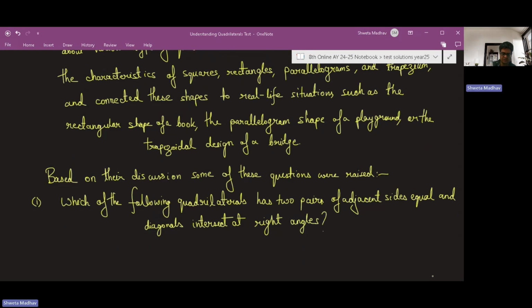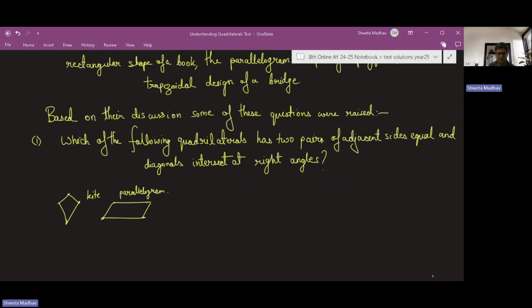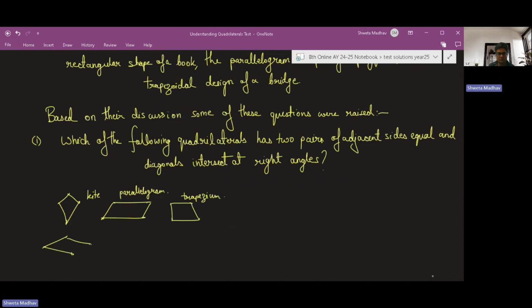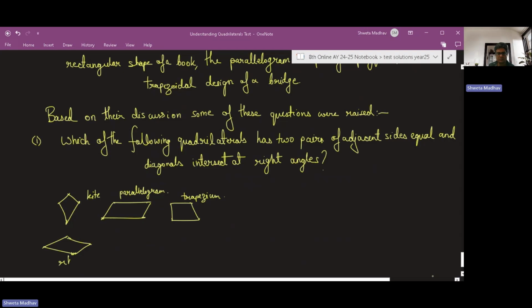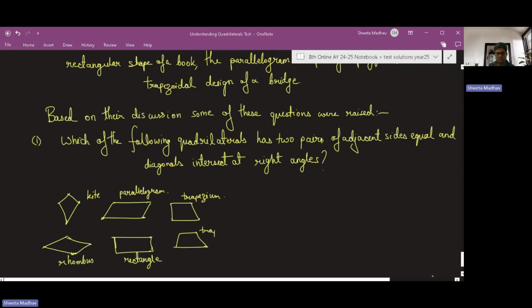So here various shapes have been given: a kite shape, a parallelogram shape, a trapezium shape, a rhombus shape, a rectangle shape, and another trapezium shape.